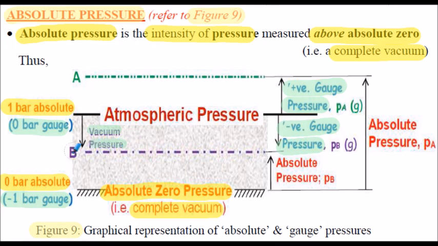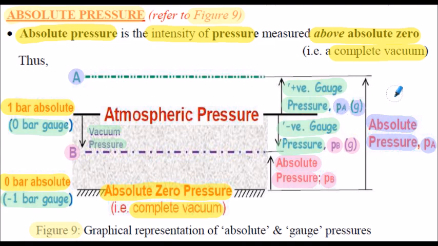If we consider the pressure at position B here on our diagram, we would have a positive absolute pressure, PB, but we'd have a negative gauge pressure, PBG, because we're below atmospheric pressure. If we consider pressure at position A on our diagram, we would have a positive absolute pressure, PA, and now a positive gauge pressure, PAG.